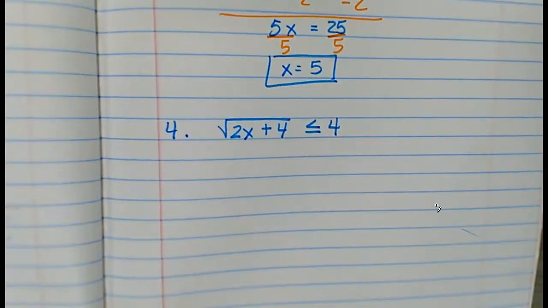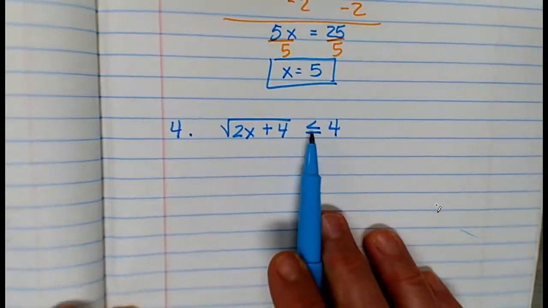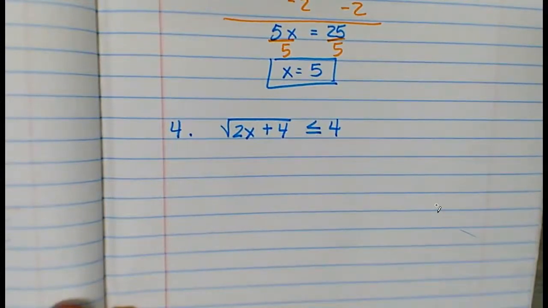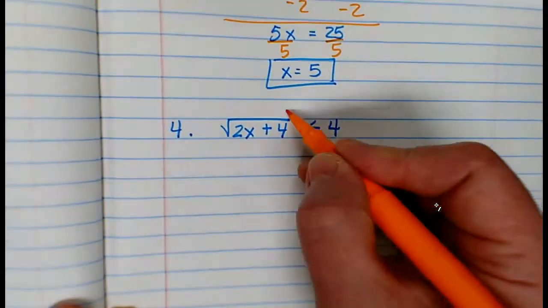It's the same steps, except do you remember the golden rule of inequalities? When you multiply or divide by a negative, you flip the sign. When you're solving in one of your steps, if you multiply or divide by a negative, it switches the inequality sign. Other than that, it's almost the same as what we were doing.